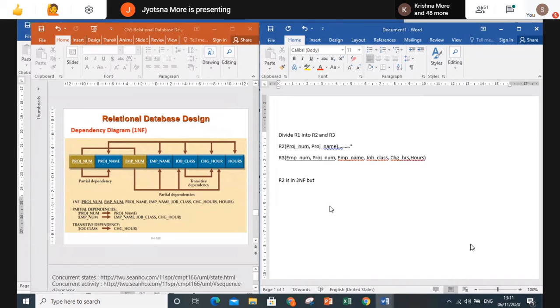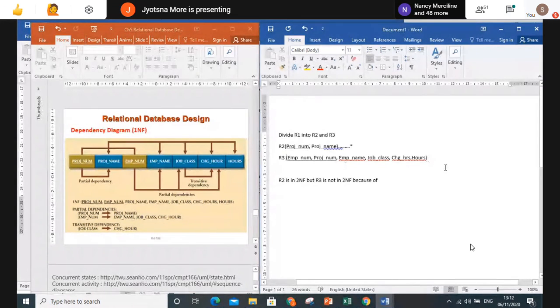But R3 is not in 2NF. Can anyone give me the reason? Why is R3 not in 2NF?